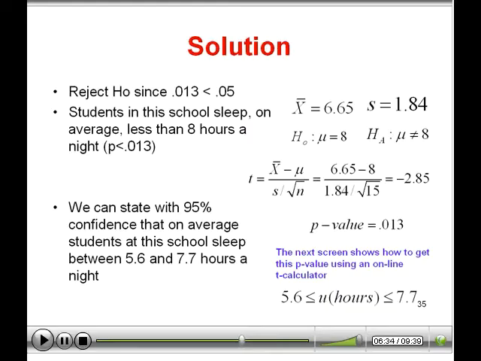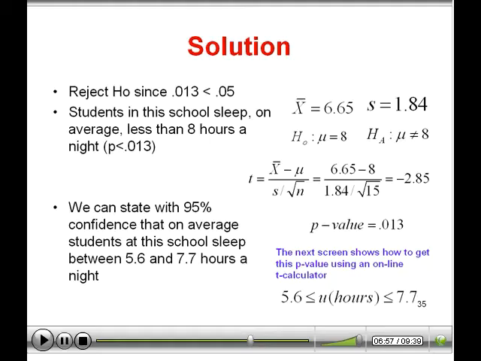The first step is to use StatCrunch to calculate the sample mean and sample standard deviation. Next, we set up the null and alternative hypotheses. The null hypothesis agrees with the psychologist's claim, and the alternative says it is incorrect.